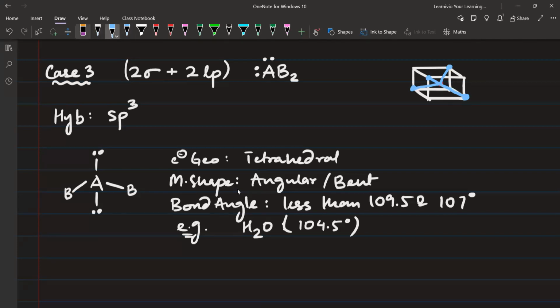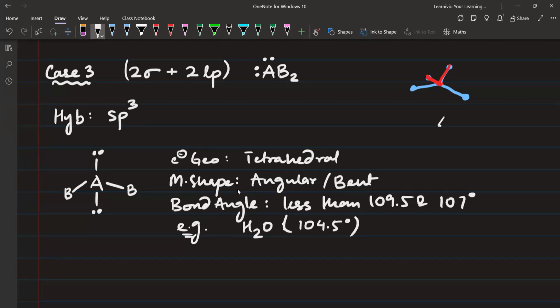Because it is tetrahedral, it is a 3D structure. You cannot even imagine that this is a tetrahedral structure, but this is the tetrahedral structure. This red one, now I will also draw the wedge and dash.